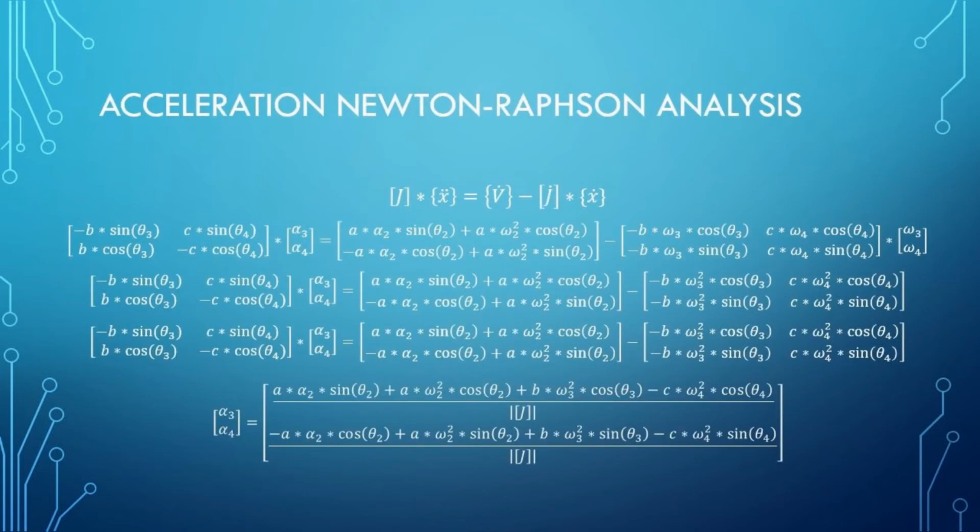For the acceleration portion, we found the derivative of our V matrix, and subtracted the derivative of the J matrix times the X matrix, which is our omega 3 and omega 4, and then we divided all of that by the determinant of the original J matrix to find alpha 3 and alpha 4, or our X double prime.